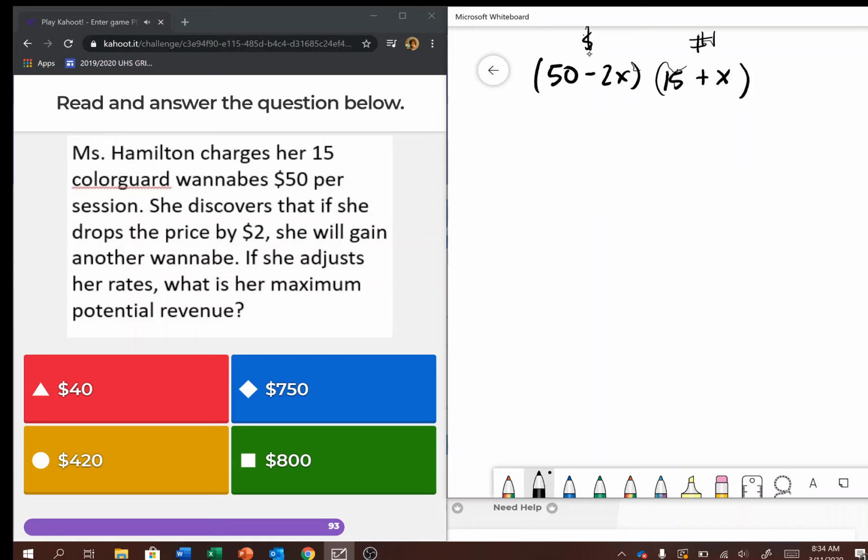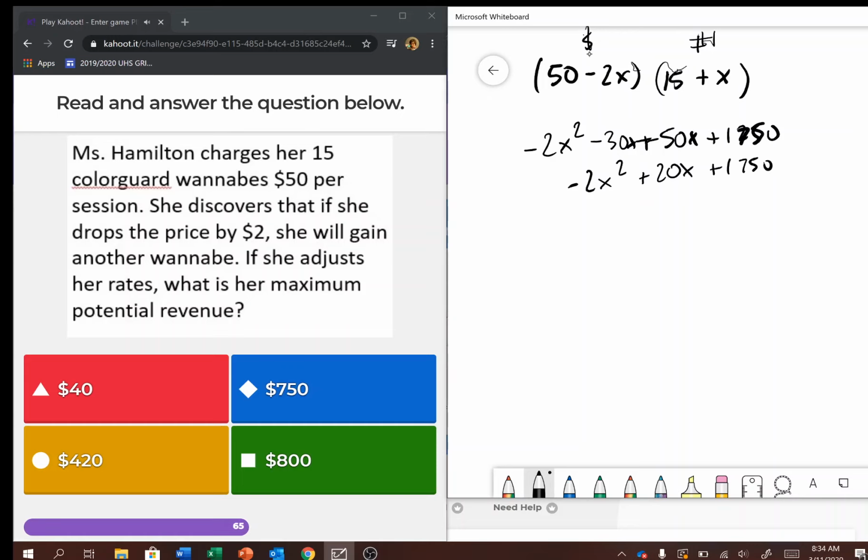So this is gonna be negative 2x squared, minus 30x plus 50x, and then 15 times 50, that's 1250 or something, right? Is that right? No, 1750. Okay, doesn't matter though, because this is negative 2x squared plus 20x, and then plus 1750.